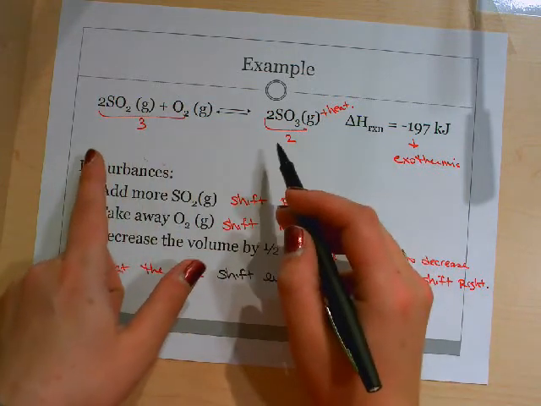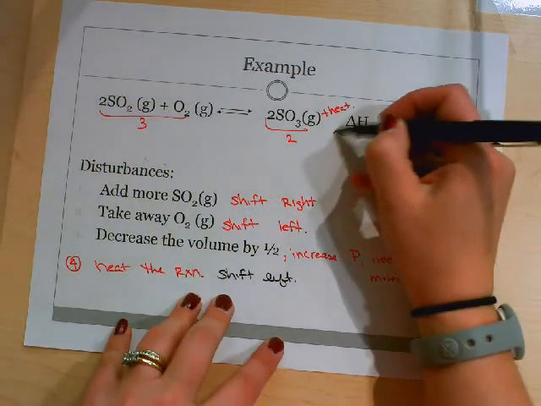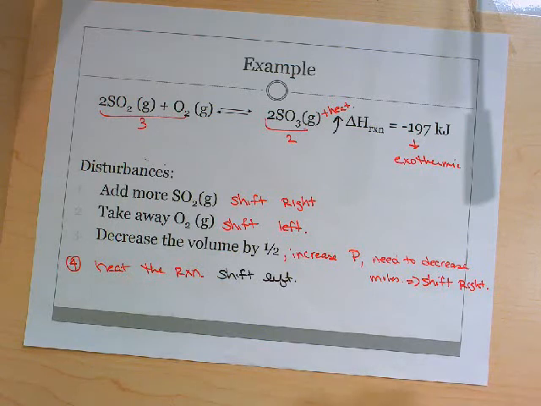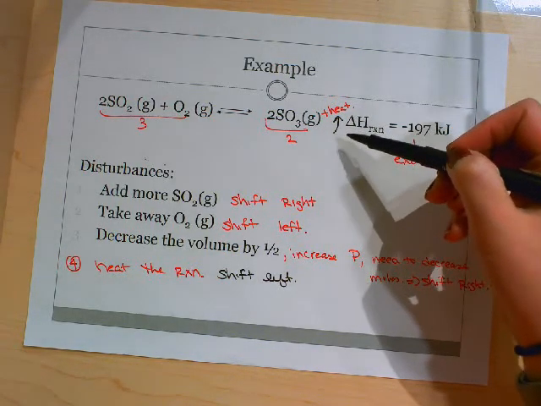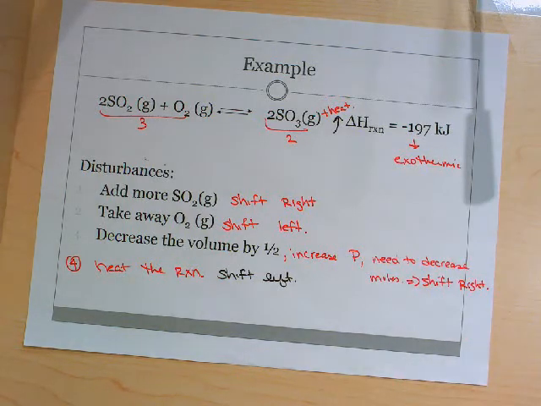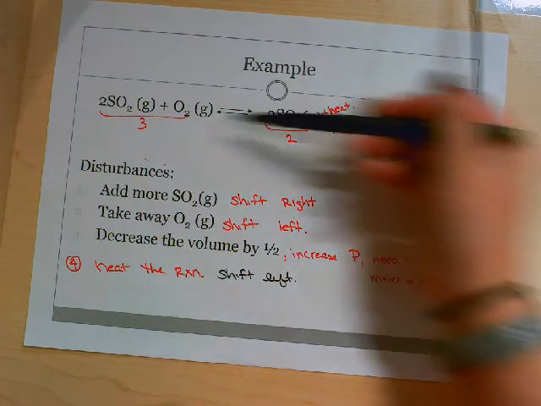You can think about it as adding heat right here, right? If heat's in the equation, if I add more heat, now we're back at disjointed equilibrium, and so now we have to go this way.